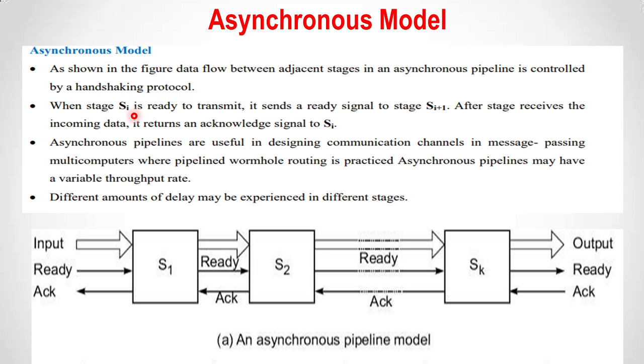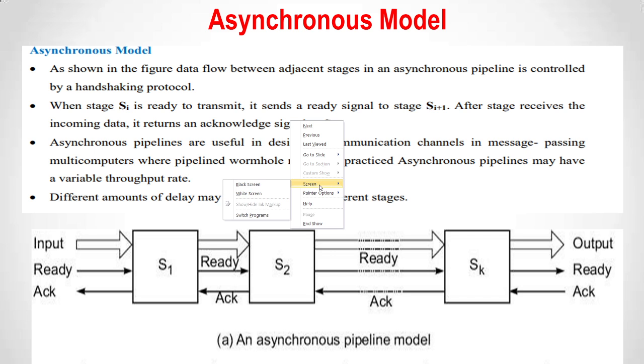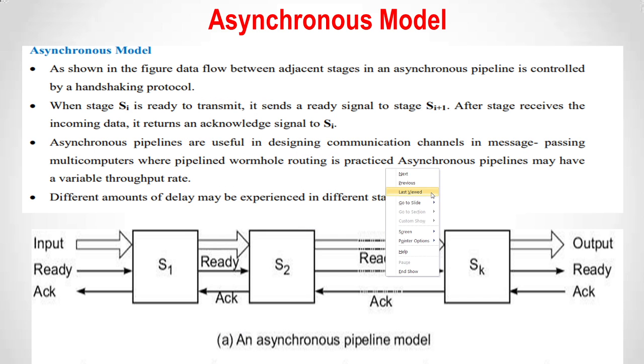So what does handshaking protocol mean? When stage Si is ready to transmit, it sends a ready signal to stage Si plus 1. After stage Si plus 1 receives the incoming data, it returns an acknowledgement signal to Si.